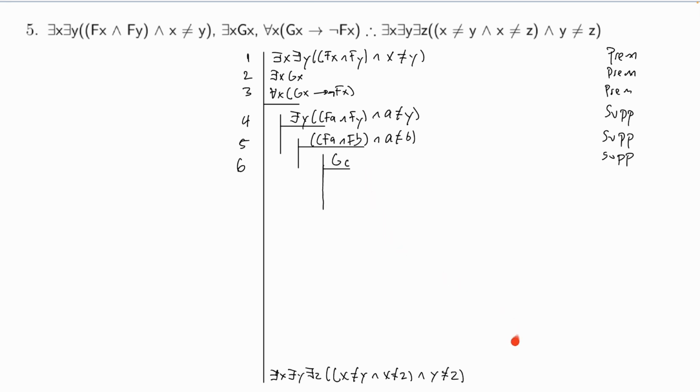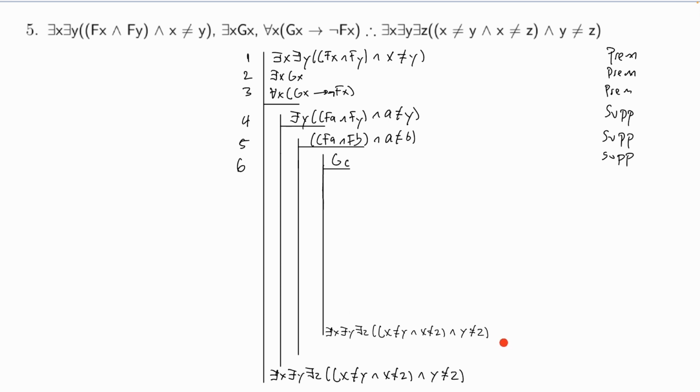Okay, and now we're going to be heading for this conclusion within this subproof and then bringing it out a couple times using existential elimination. So how are we going to get this conclusion within this subproof? Well, presumably we're going to get something that we then use existential introduction on 3 times to get this.